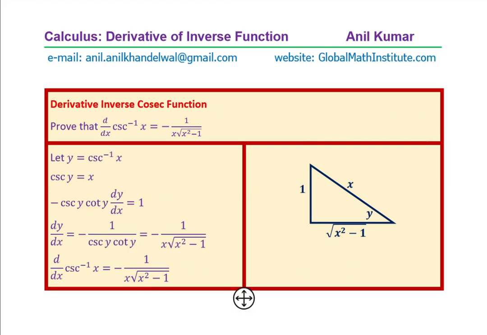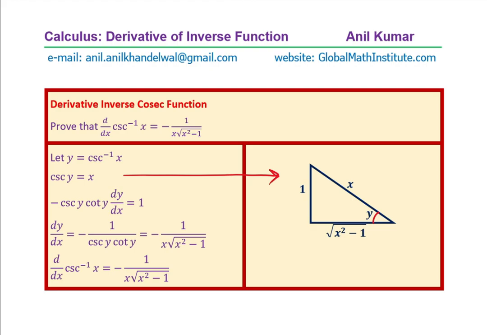Otherwise, we'll follow a standard method, which is shown here. So y equals cosecant inverse x means cosecant y is equal to x, and that gives you the right angle triangle where y is the angle we are talking about, and x becomes the hypotenuse with the opposite side of 1, adjacent being square root of x squared minus 1.